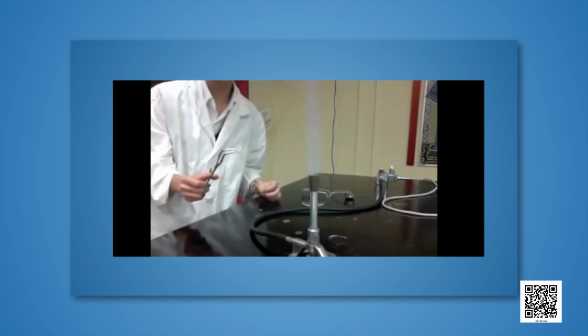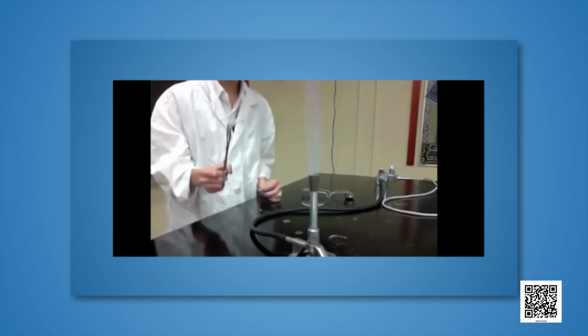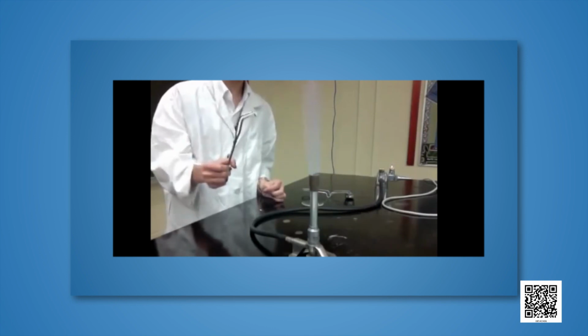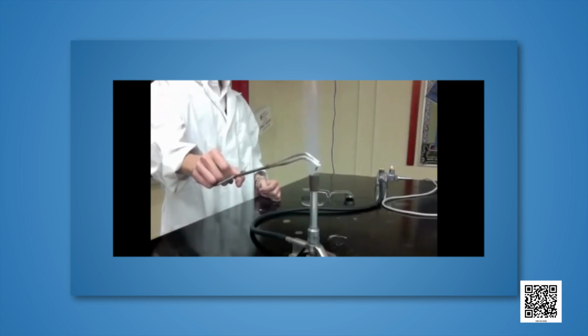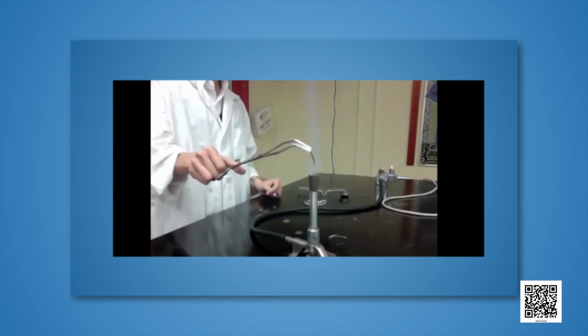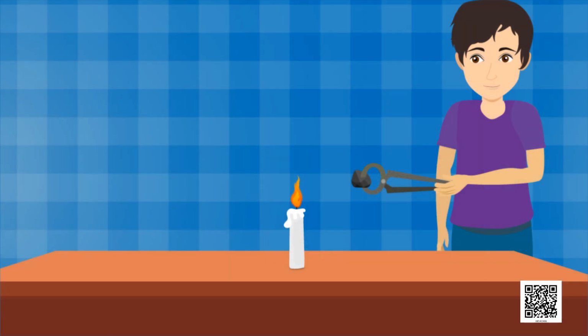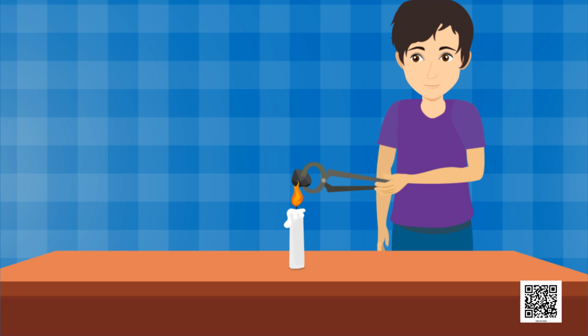In class 7th, we had performed an activity in which magnesium ribbon is burnt to form magnesium oxide and produced heat and light. Now, we are going to perform a similar activity with a piece of charcoal. Hold the piece of charcoal with a pair of fire tongs and bring it near the flame of a Bunsen burner.